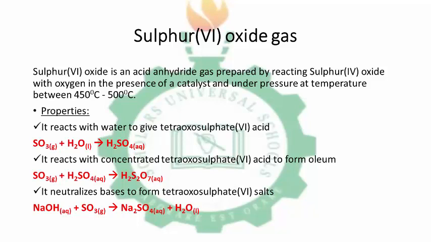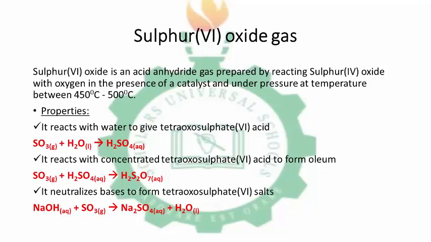Now, sulfur 6 oxide is an acid anhydride gas, which is prepared by reacting sulfur 4 oxide with oxygen in the presence of a catalyst under pressure and at a temperature between 450 degrees Celsius and 500 degrees Celsius.